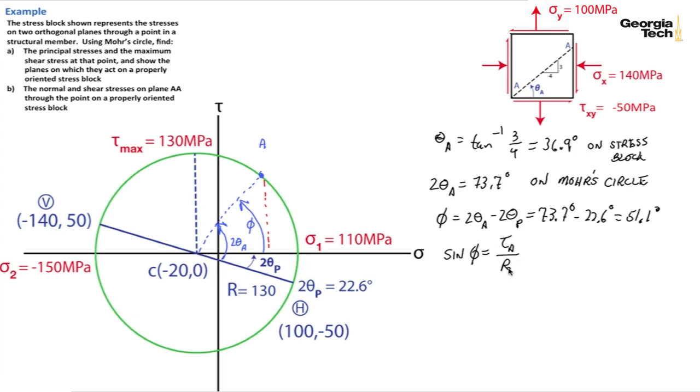And we know the radius is 130 from last time. It's also written here. And so we've got tau sub A equals 130 times the sine of 51 degrees, which ends up being 101 megapascals. And so that's one of our answers.